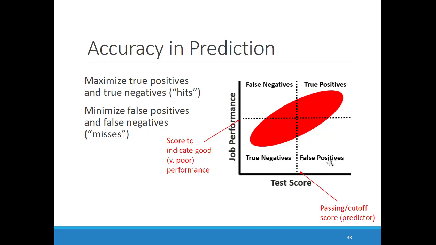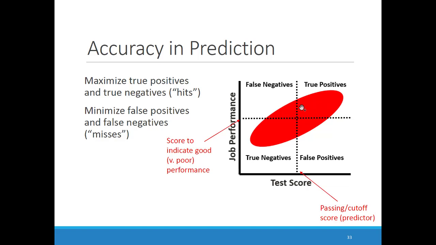If we move up from false positives to the upper right-hand quadrant, we see that someone in this quadrant had passed the test score, that passed the cutoff score. So again, they achieved higher than our score of 50. And in fact, they actually did perform well in the job, and we know that because they scored above our cutoff here for job performance. So these are true positives, people who we hired and they did well in the job.